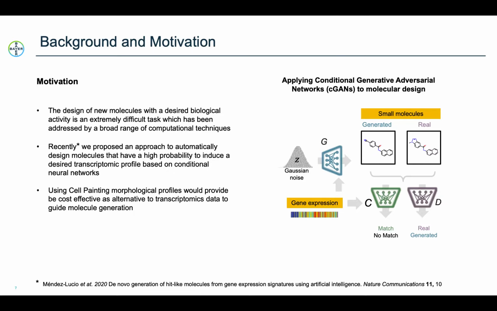With this, our final goal was to train a model which could generate small molecules which had a high probability of inducing a given gene expression profile. However, everyone knows that gene expression is not so cost effective, and therefore in this presentation, we wanted to evaluate if cell painting would be an alternative approach to these gene expression profiles.